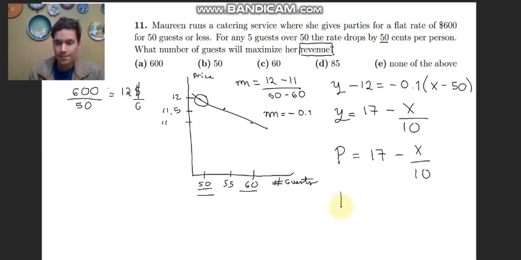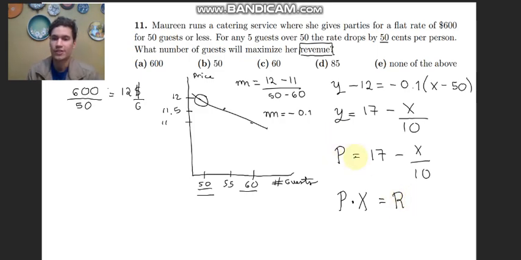Let's say the price is P, and the revenue is the price times the amount of that something. In this case, that something is the number of guests, which is x. So this is revenue.